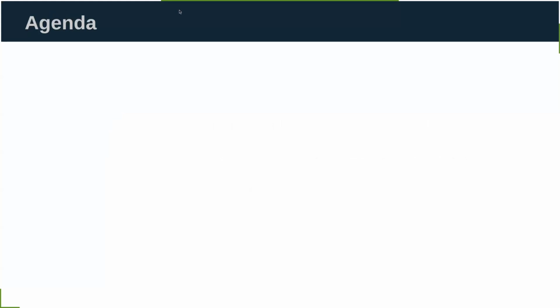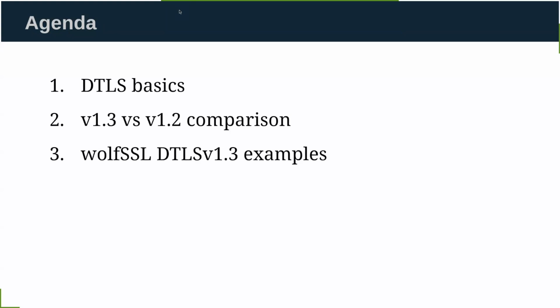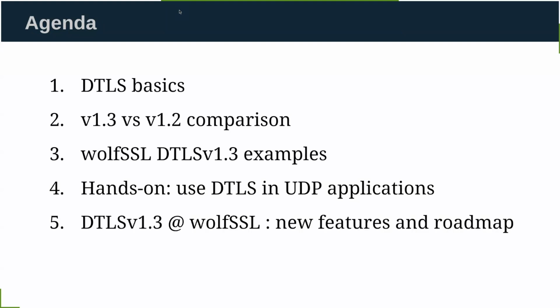Okay, let's see the agenda of today. We will cover some basics about DTLS, and then we will see some comparison between the older version, the 1.2. We will see the improvements of 1.3 and why it's better to move to the latest version. Then we will see some examples on how to use DTLS in our wolfSSL library, and then some small hands-on on how to plug DTLS into your UDP application.